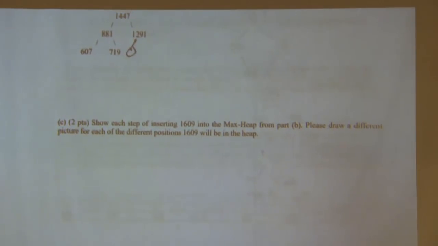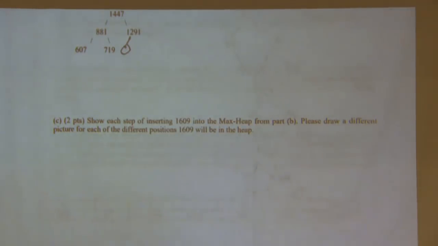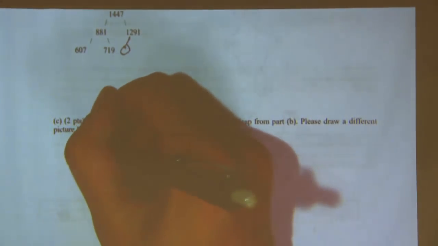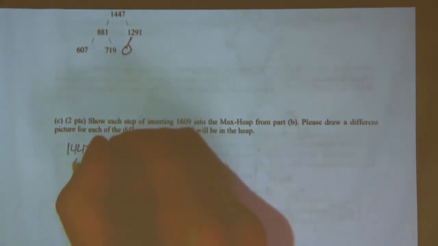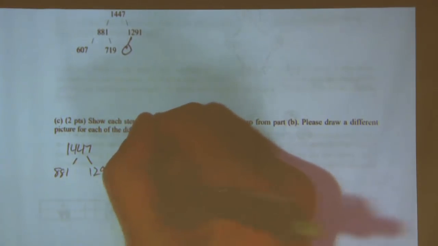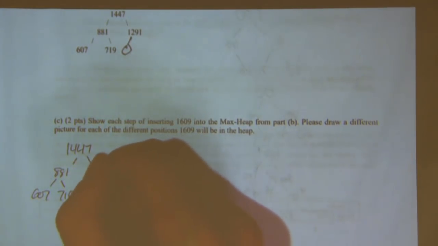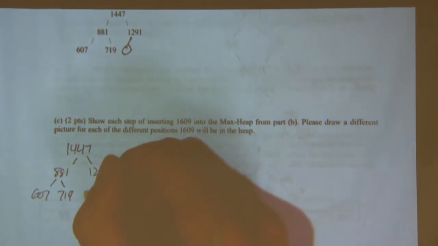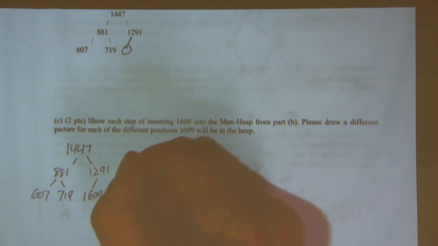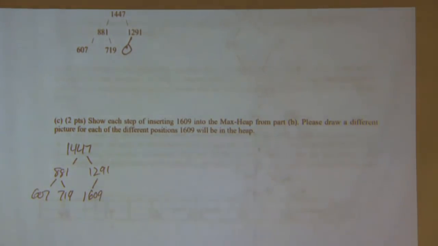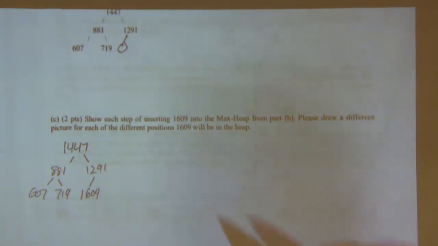And then it wants us to show each step to inserting 1609. So basically we have 1447, 881, 1291, 607, 719, and then the left child of this is 1609. And then we need to heapify.